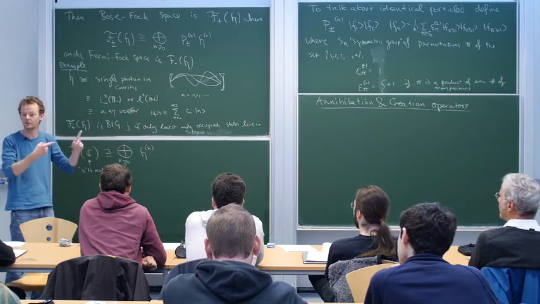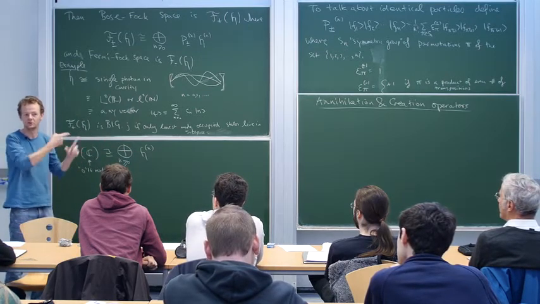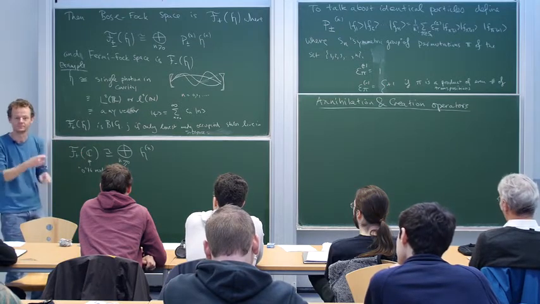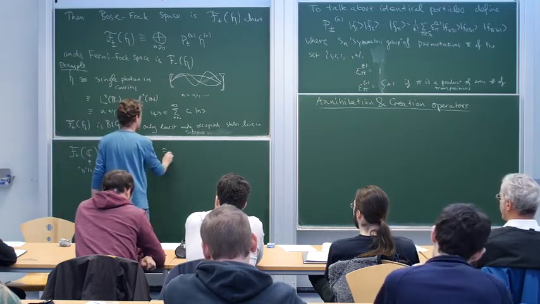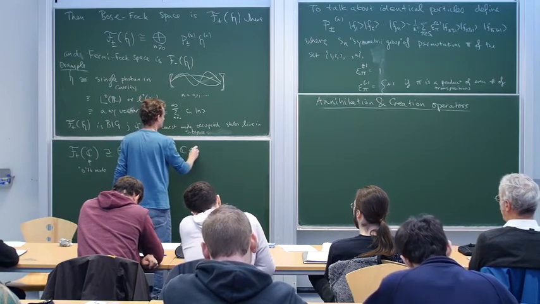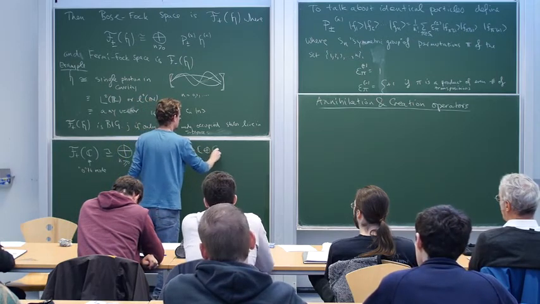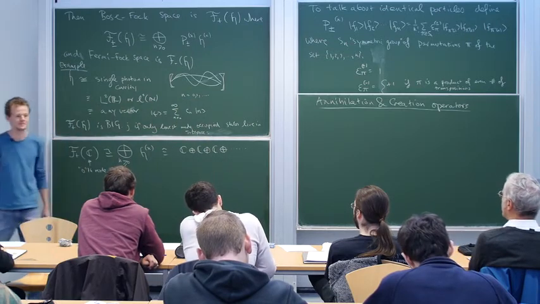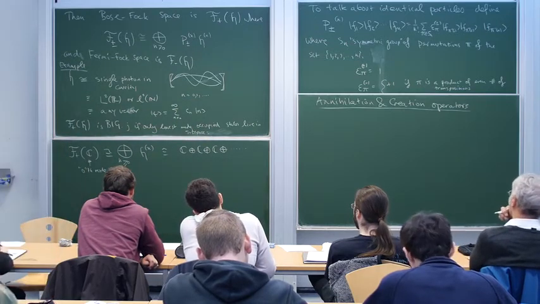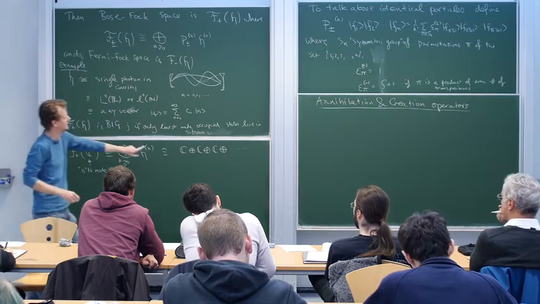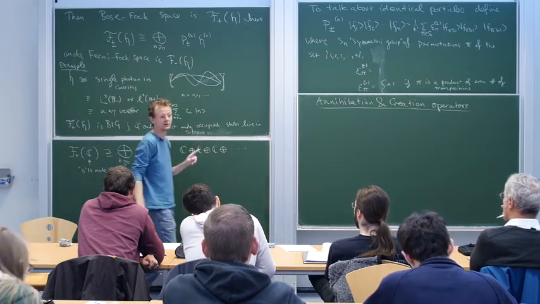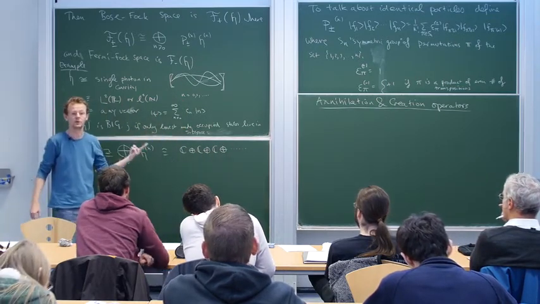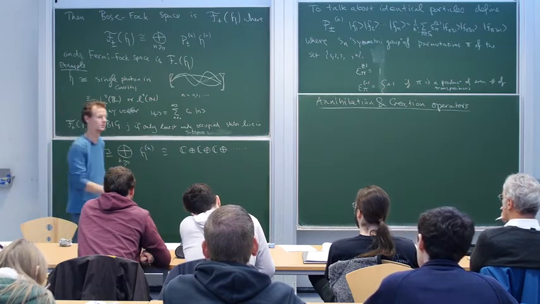The tensor product of two one-dimensional vector spaces is a one-dimensional vector space. And actually, it's these subspaces here that correspond to 0 photons, 1 photon, 2 photons, 3 photons.